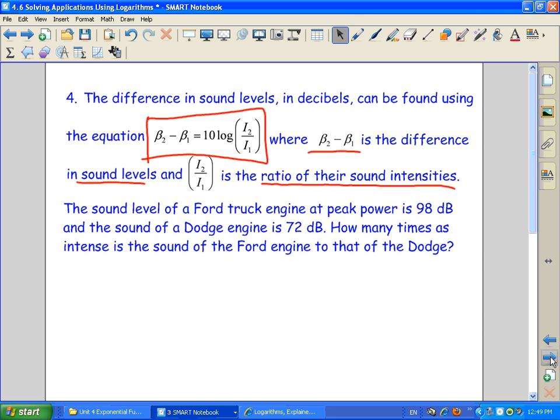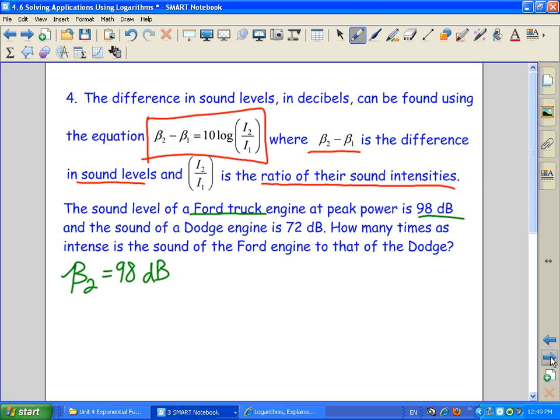All right, so let's compare a Ford truck with a Dodge, okay? A Ford truck engine at peak power is 98 decibels. So what do we know? That tells us that beta 2 equals 98 decibels.